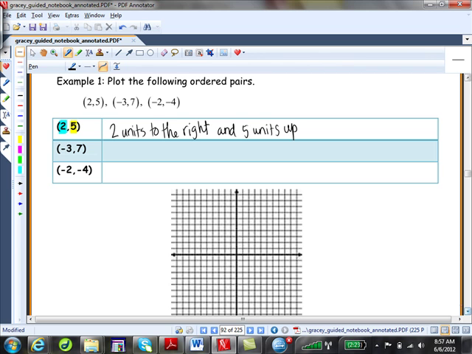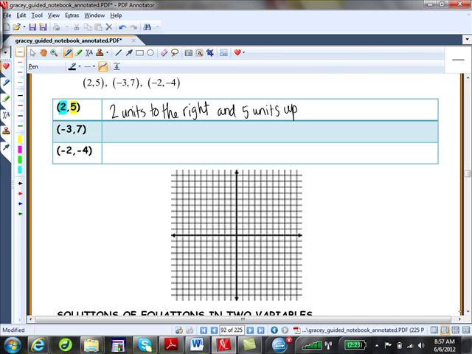So we want to make sure we are labeling everything. So this is X and this is Y. I'm going to go ahead and have each of these tick marks be worth 1 unit. So this ends up being 10 and 10. Negative 10 and negative 10. These grids that I use have 10 tick marks up and down.